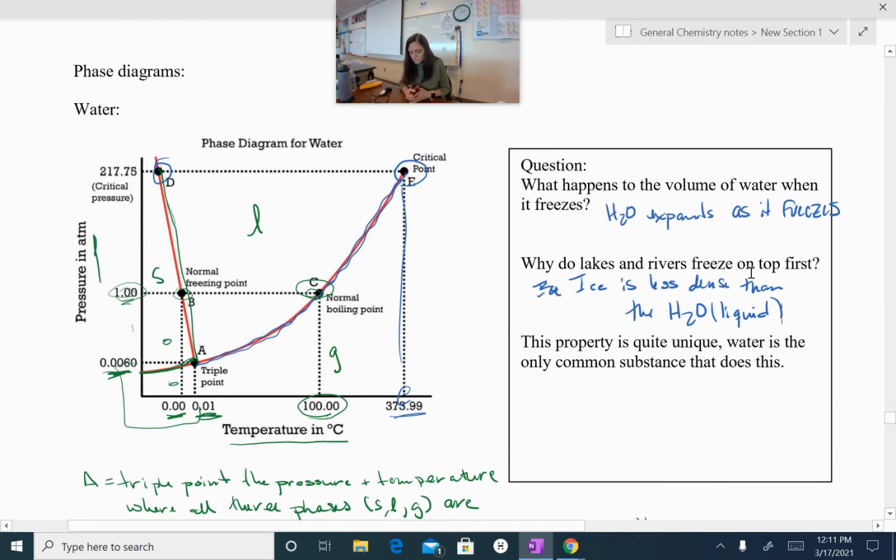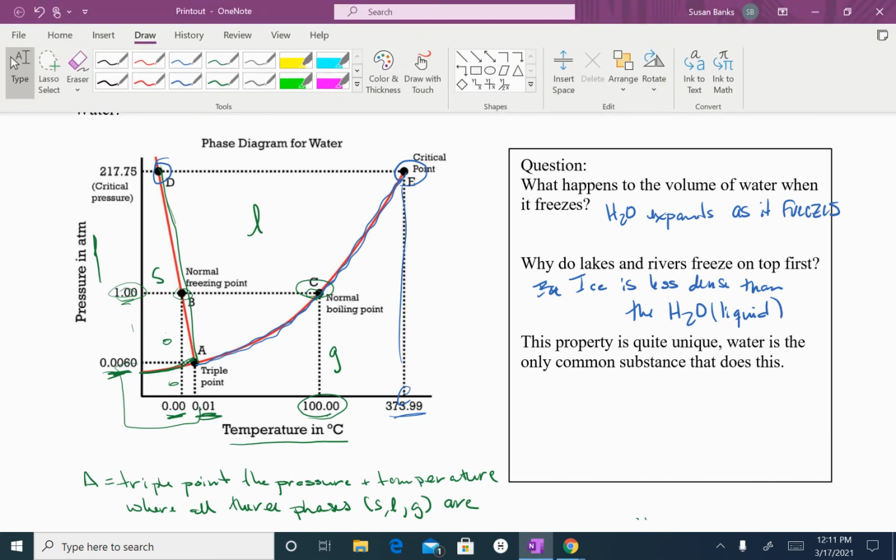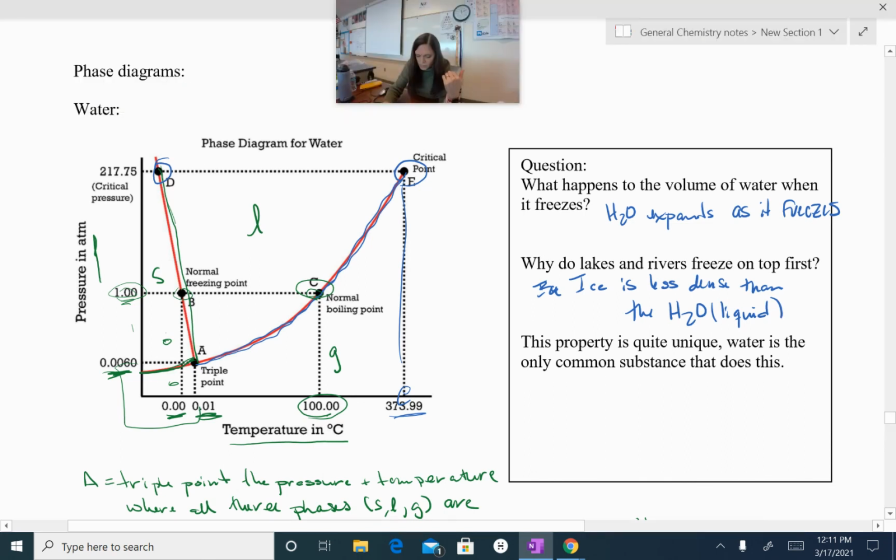I just want to do a few more things. So what would happen? Let's get another color here, if I can find another color. What would happen if I started out, say here at 1 atmosphere and 200 some odd degrees, and I increased the pressure?